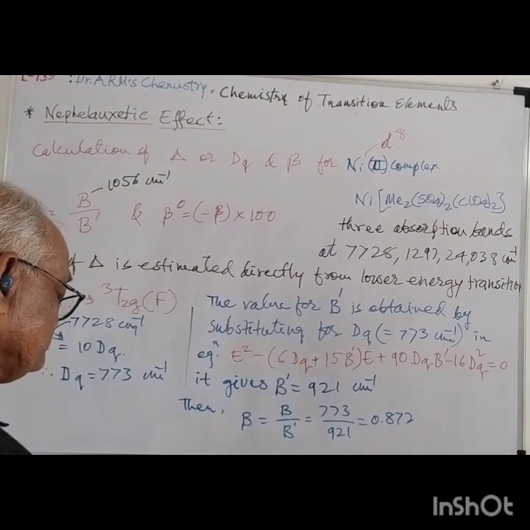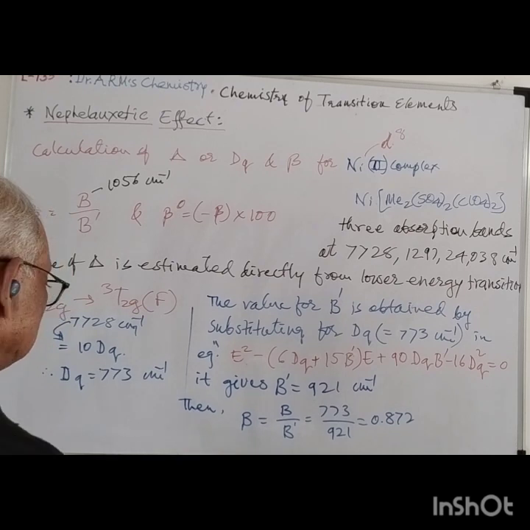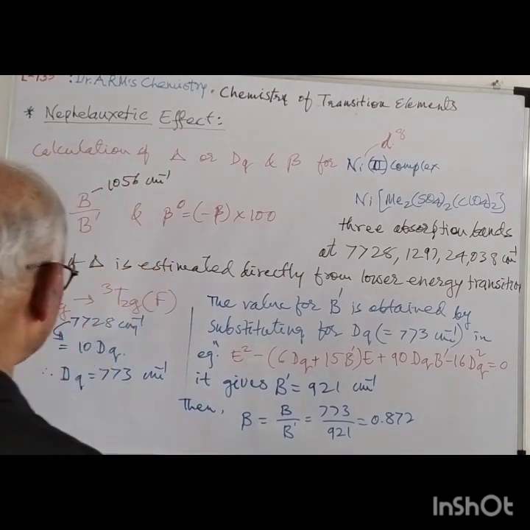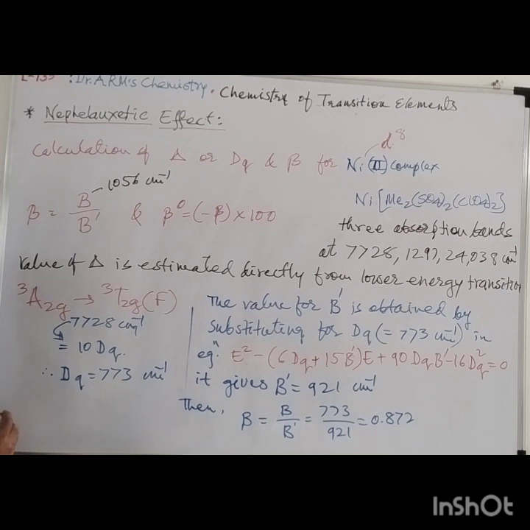Then beta 0 is equal to 1 minus beta into 100.